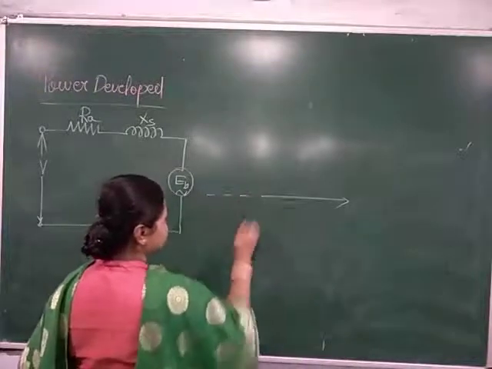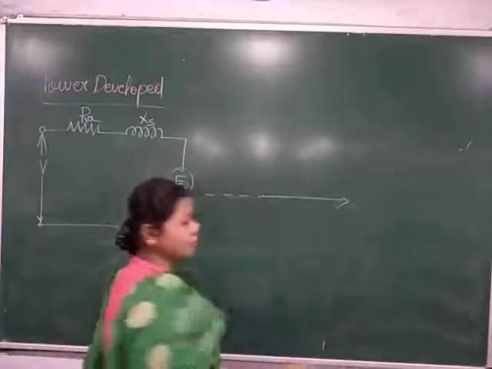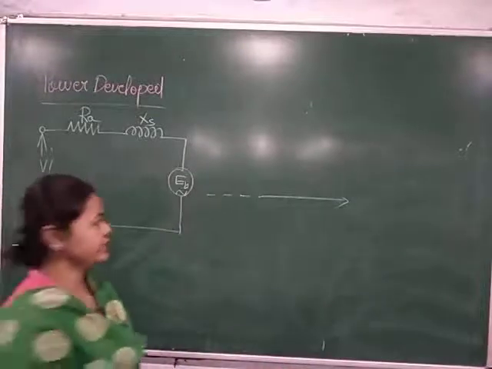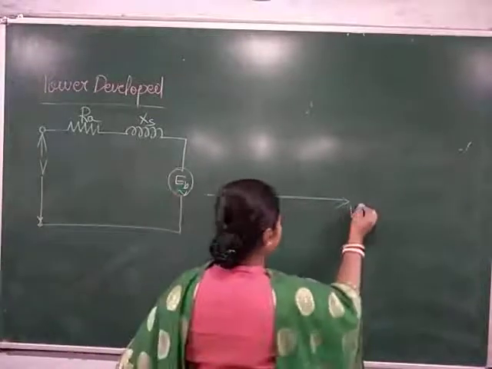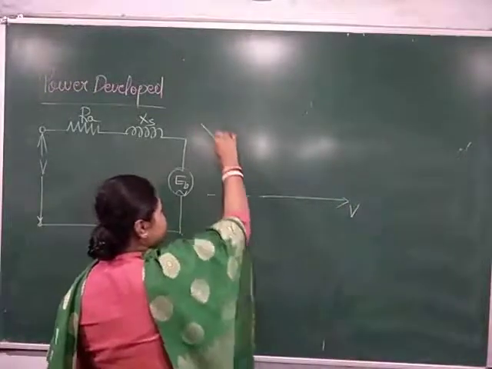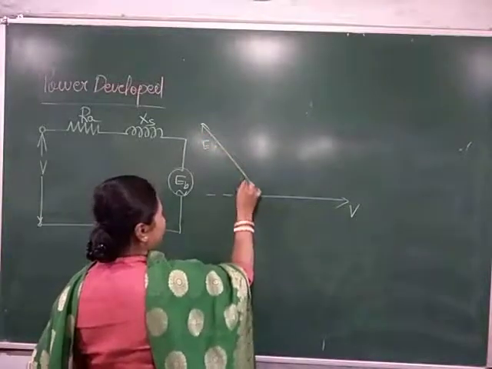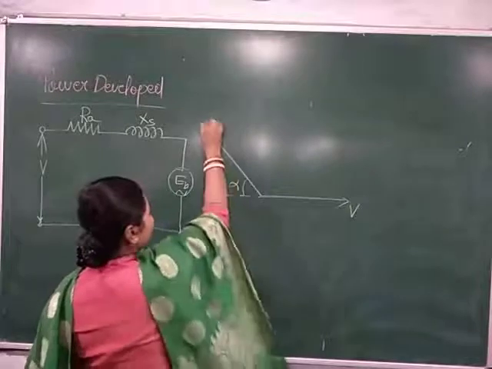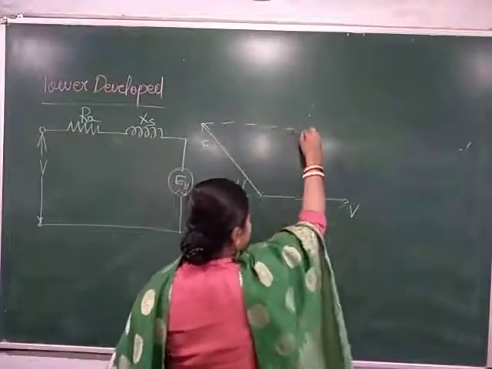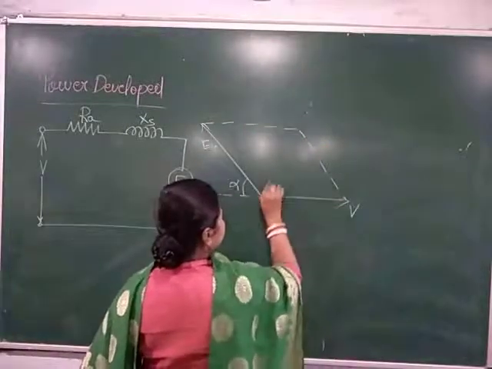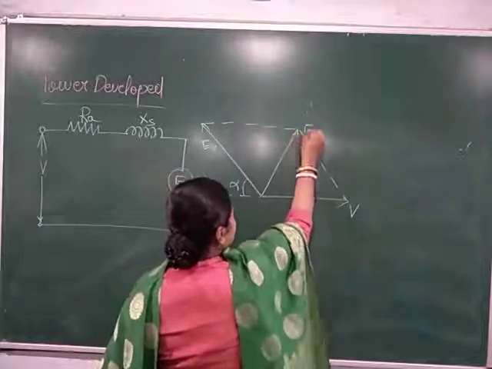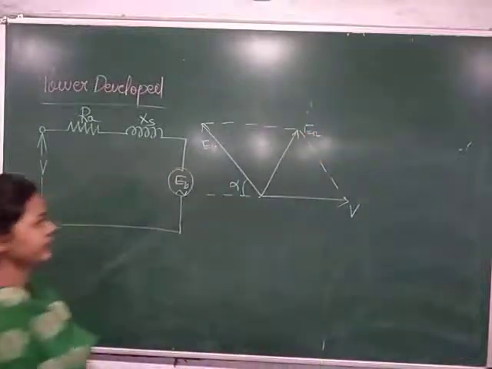This is for the under excitation case, meaning when both three-phase supply and DC excitation are given to the motor. At that time the EMF deviates by an angle alpha from the supply voltage, and their phasor sum gives the resultant EMF.